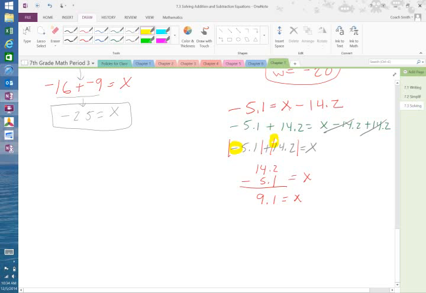The positive 14.2 has a larger absolute value, so therefore it is a positive 9.1 is your answer. Now, you can take this original problem and do this.